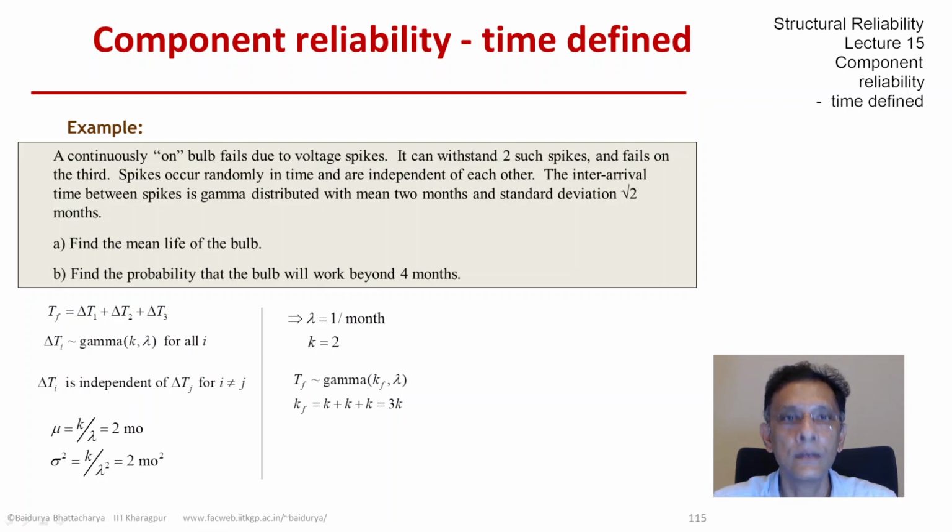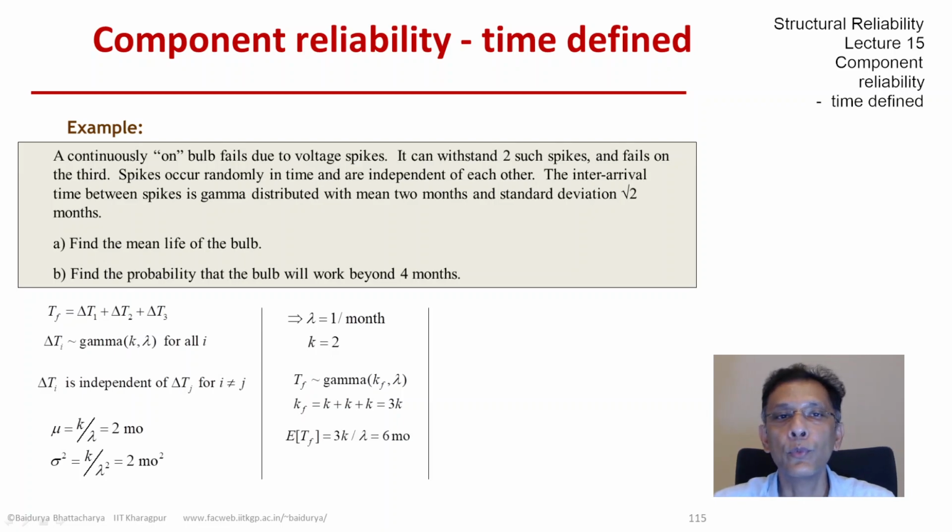I can conclude that Tf is again gamma distributed with lambda as before, and Kf is the sum of the constituent k's. Since all the k's are the same, Kf is 3 times k. So now I have a new gamma random variable Tf with parameters 3k and lambda.